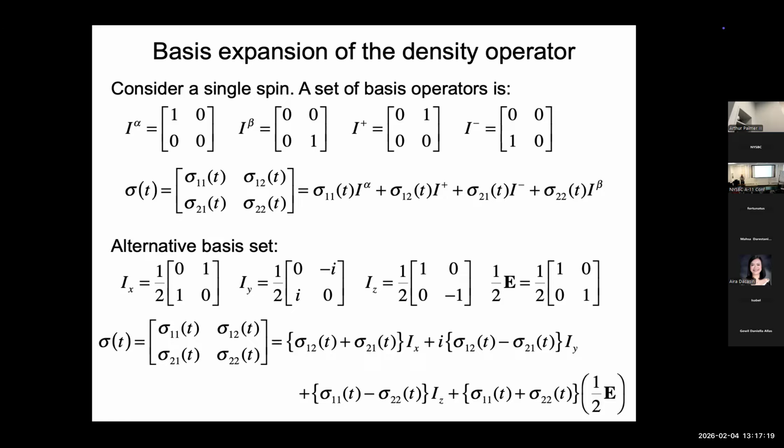If we instead had applied an X pulse and we generate Iy or minus Iy, in terms of the raising and lowering operators, Iy is 1/2i times I plus minus I minus. So again, we've generated an equal admixture of the plus and minus coherences, but they have a different phase relationship to each other.